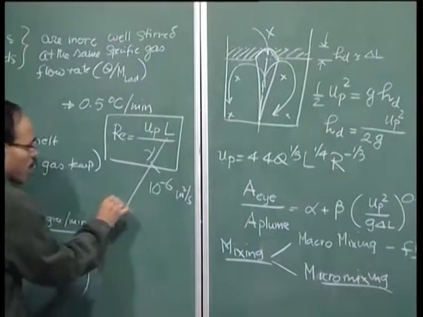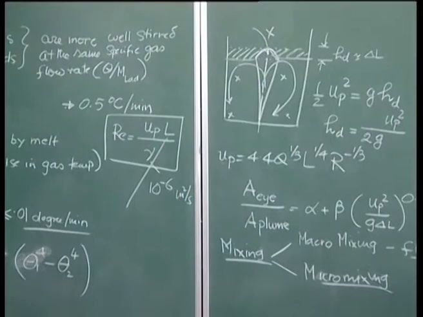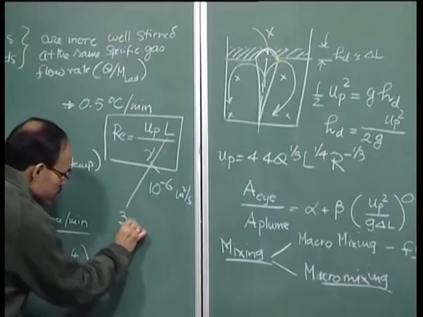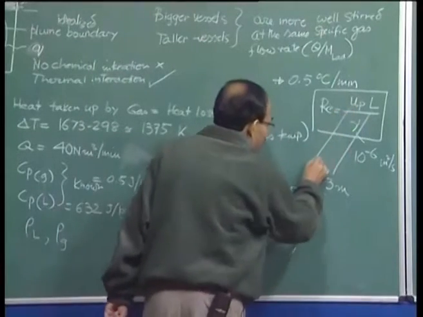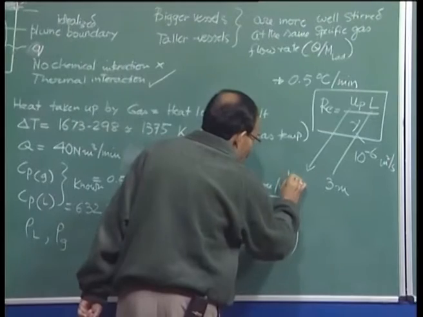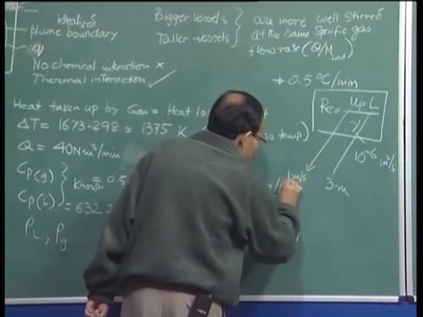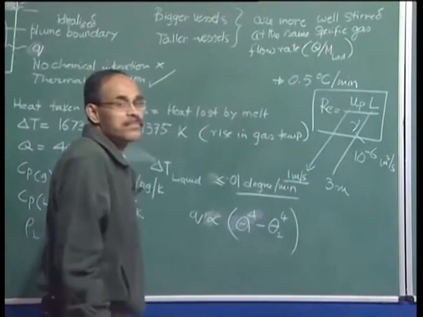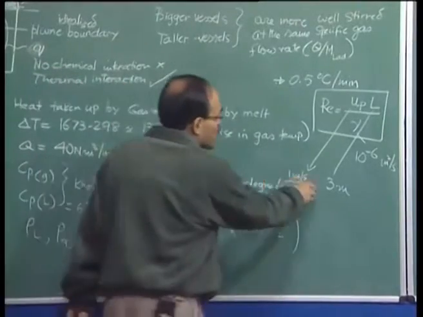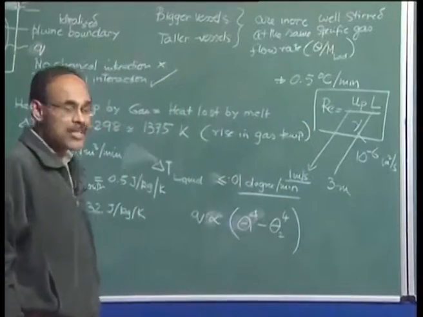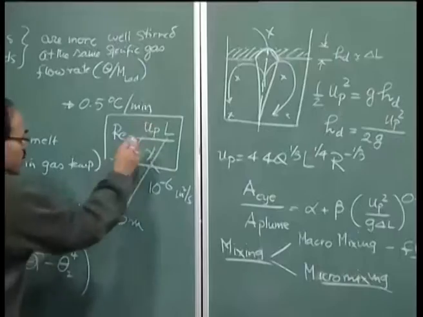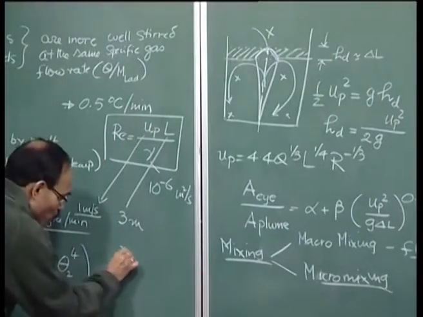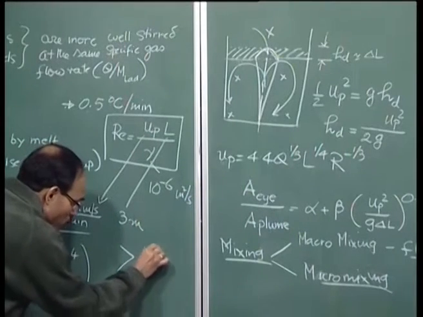The depth of liquid is typically about 3 meters, and under ladle metallurgy steel making conditions in steel processing ladles, the value of up is of the order of 1 meter per second or so. If you substitute these values, I get a Reynolds number, a dimensionless number giving the ratio of inertial to viscous forces, and this comes out to be much larger than 10 to the power 5.